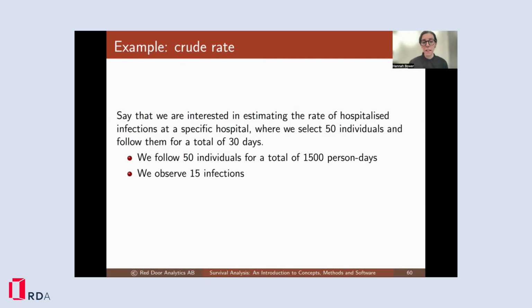And we observe 15 infections. Now, we know that a rate is just the number of events divided by the person time at risk. So we can calculate our crude rate as 15 events divided by our 1,500 person days to give us a rate of 0.01 infections per person day. Note here we have our unit as per person day because our time at risk was in person days.